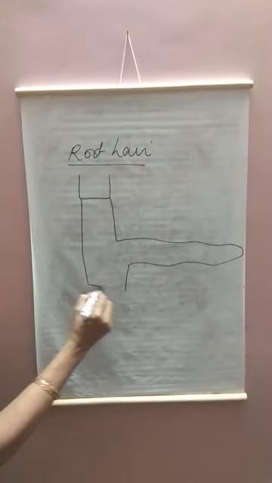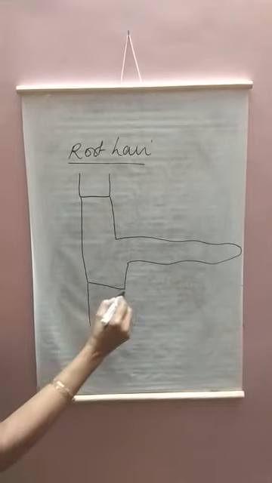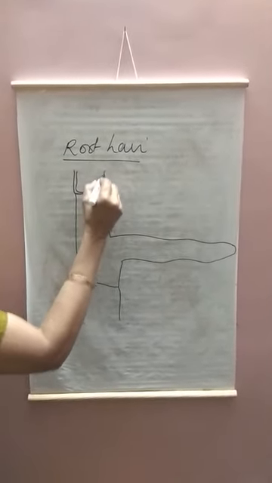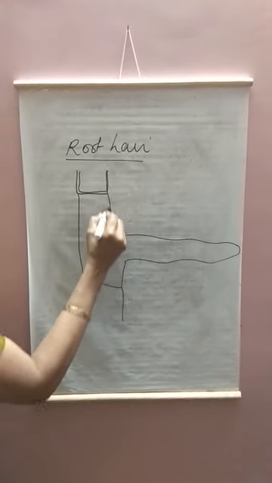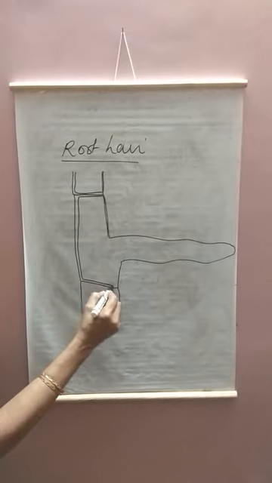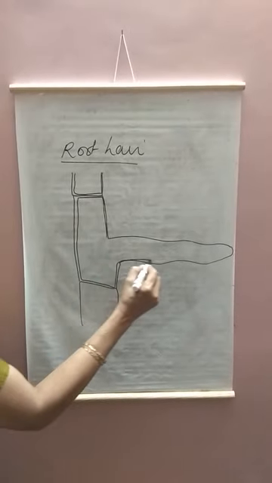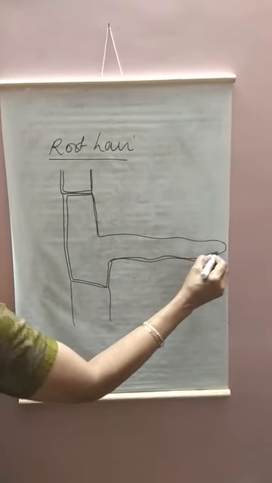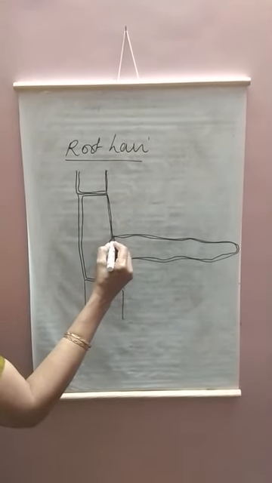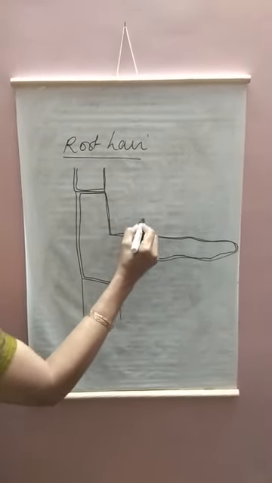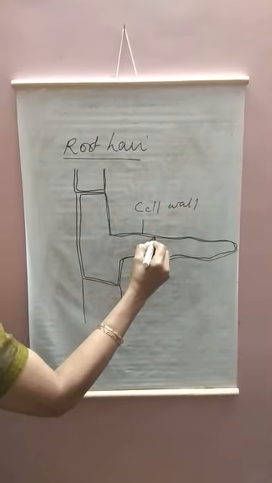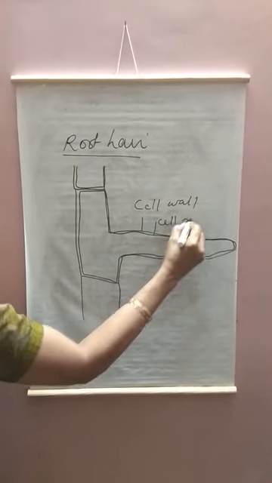This is the cell, and the outside part of the cell is covered with 2 membranes, like this. Two membranous coverings are present in a root hair cell. The outer one is the cell wall. The inner one is the cell membrane.